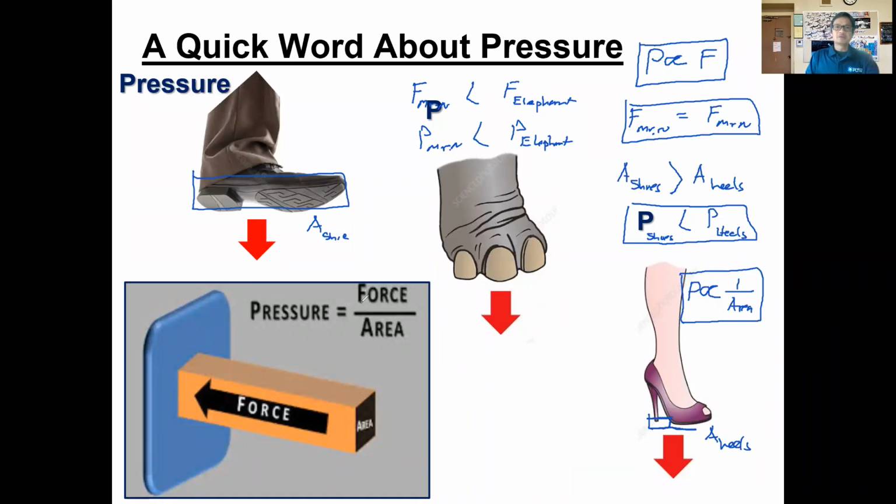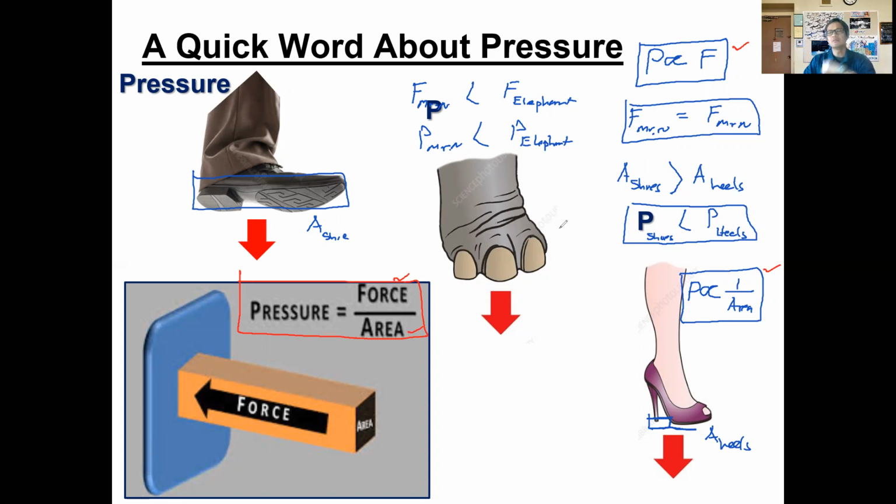As force increases, the pressure is going to increase, and as the area increases, the pressure decreases. We have brought together this relationship and this relationship in this equation right here. This is how we can solve for pressure if we know the force and we know the area.